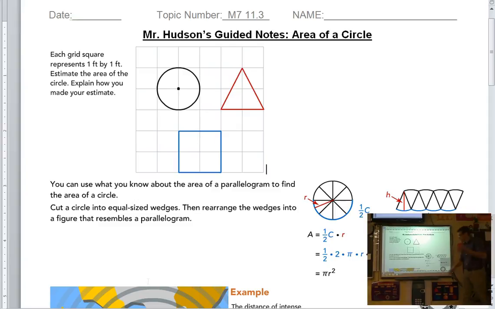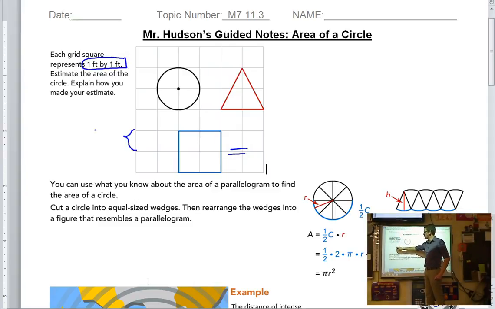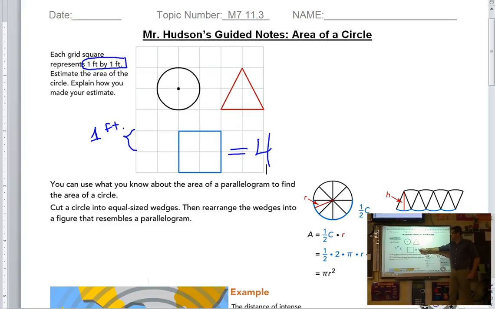My square, this is easy. What would be the area of our square here? 4 feet. Well, these are feet, so the distance right here is 1 foot. But when I have feet times feet, I would get 4 feet squared.